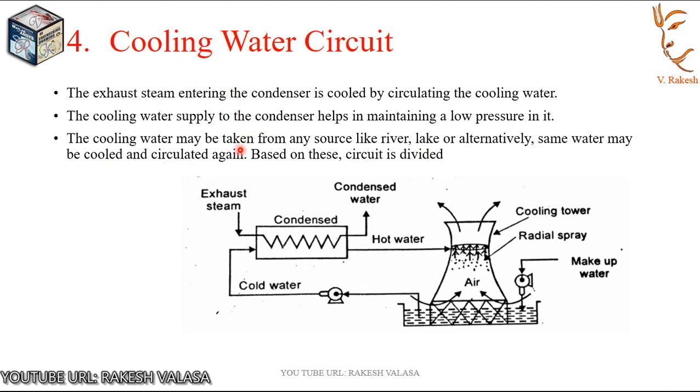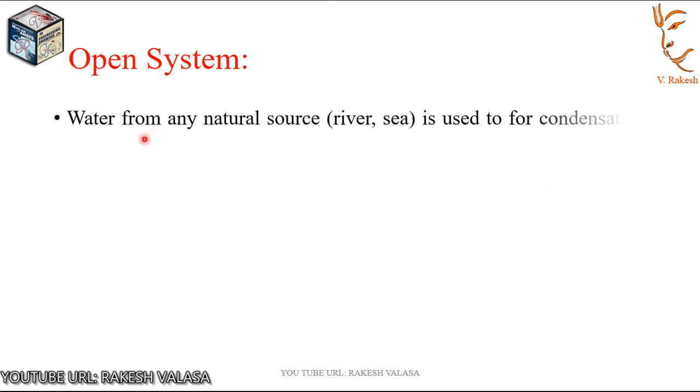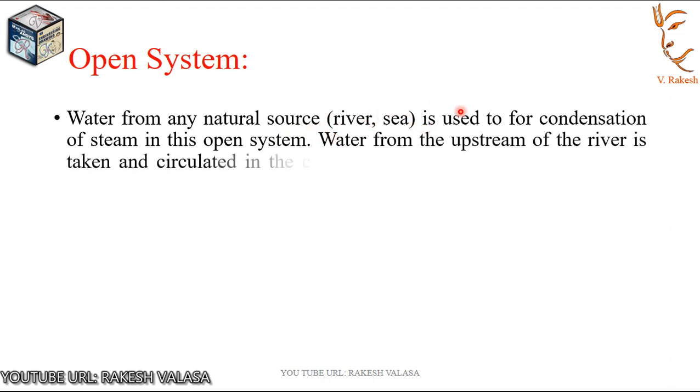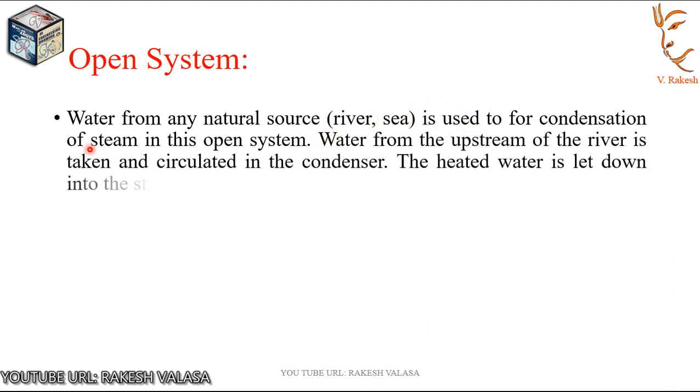This cooling water circuit may be divided into two types. One is the open system circuit, second one is the closed system. Open system means water from any natural source, that is river or sea, is used for condensation of steam. Water from the upstream of the river is taken and circulated in the condenser.